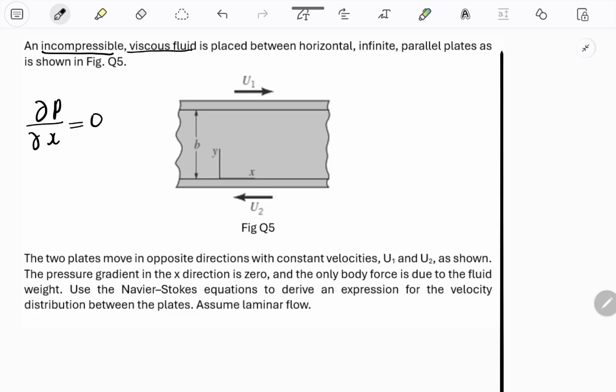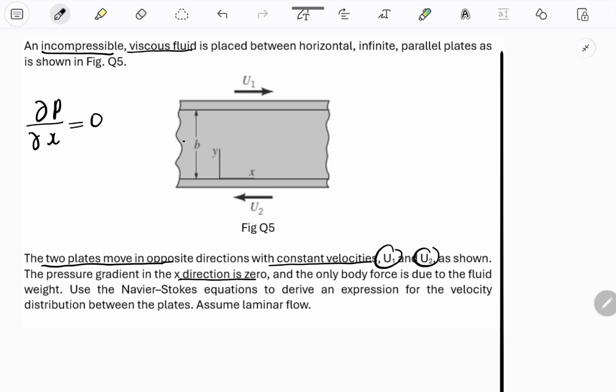A viscous fluid is placed between two parallel infinite plates, and there's fluid going in this way. The two plates move in opposite directions with constant velocities. These are the velocities shown. The pressure gradient in the x direction is 0.